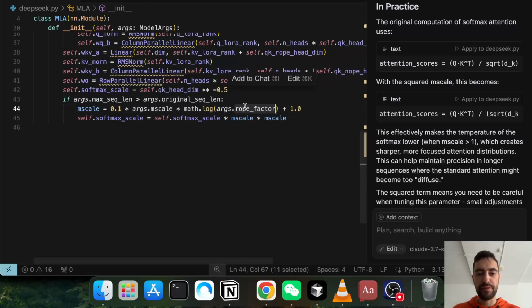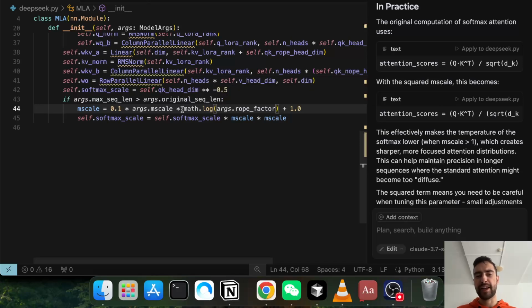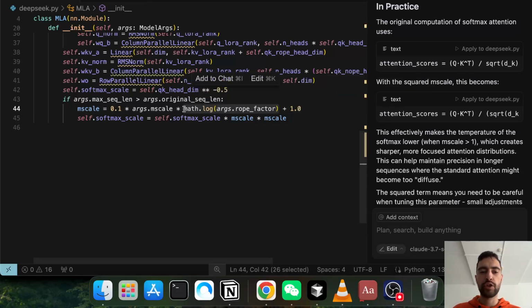And we have this rope factor, which is the factor of scaling our context window. So as I explained, the more you scale context window, the less change there will be on the softmax scores. So if you scale the context window a lot, you don't want it to contribute a lot to this formula, because you want to clamp it down with the logarithm function.